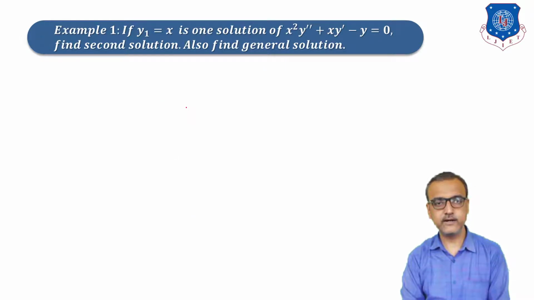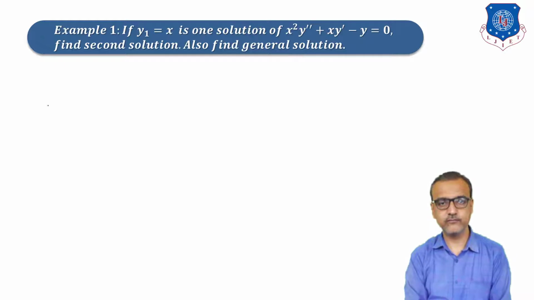You can see that y1 equals x is one solution of the differential equation x square y double dash plus x y dash minus y equals to 0, and we have to find its second solution and also the general solution.